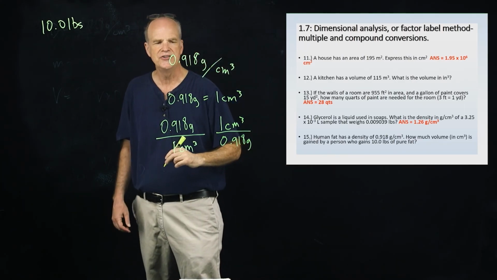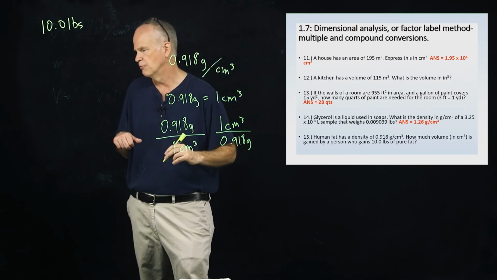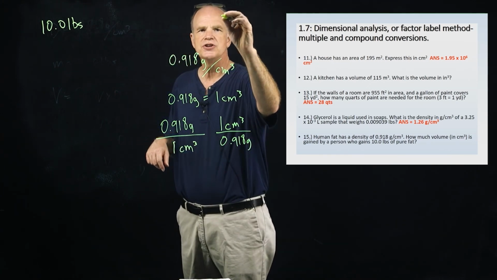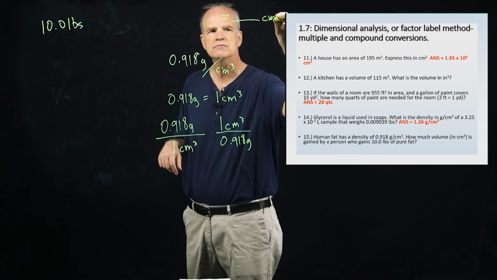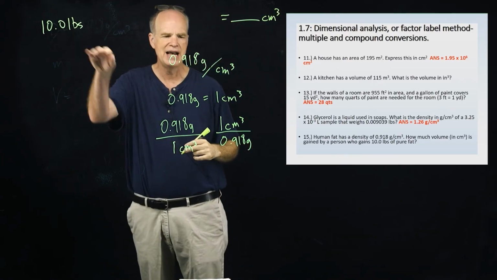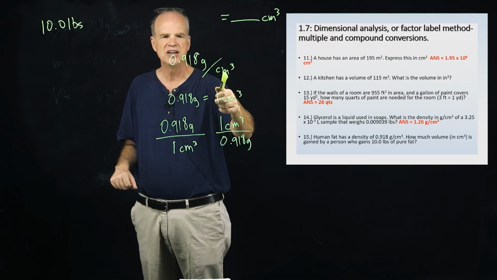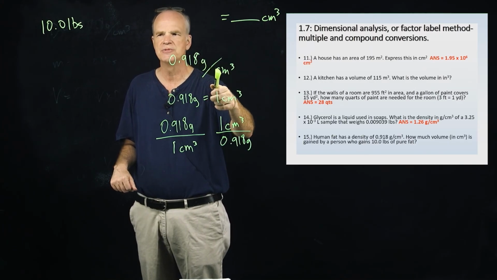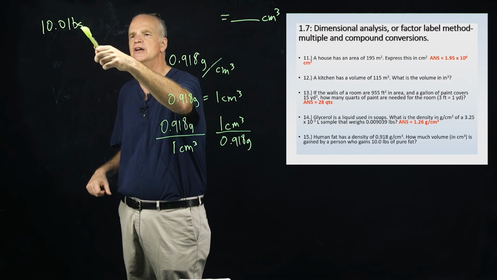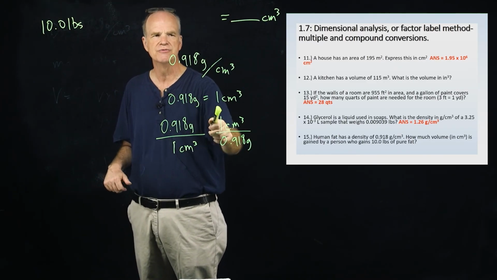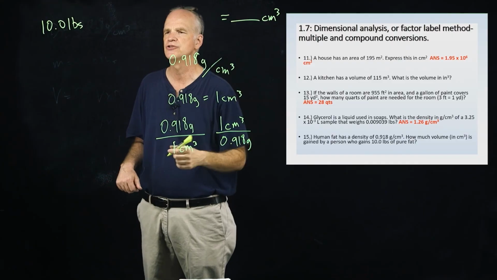Let's go ahead and see if we can solve the problem. We're going to try to get an answer in centimeters cubed, and we're starting out with pounds. Density here is not in pounds per centimeters cubed, it's in grams per centimeters cubed. So what we'll have to do is convert pounds to grams, and then we can use one of these conversions to get that into centimeters cubed.